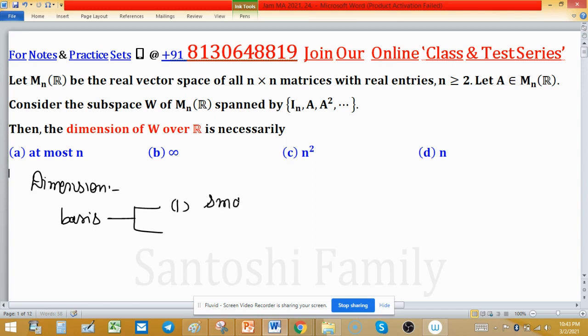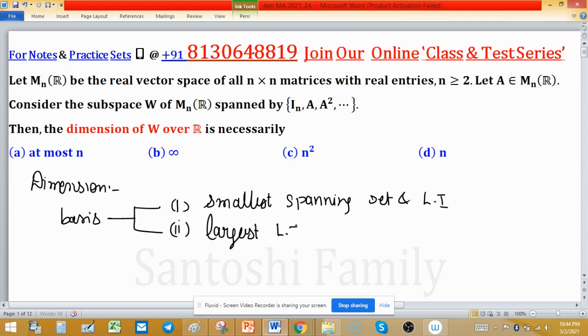A basis can be considered as the smallest spanning set and linearly independent. This is the first consideration, and the second is the largest linearly independent and spanning set.